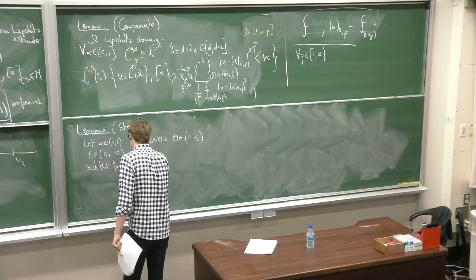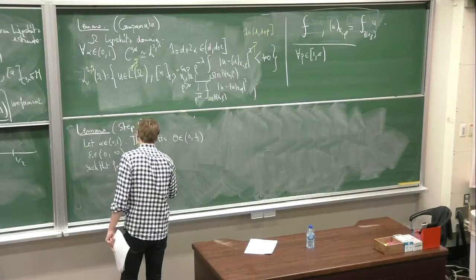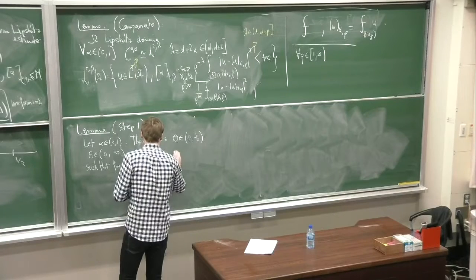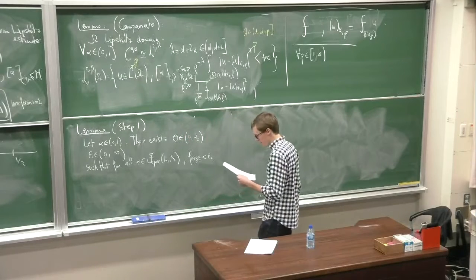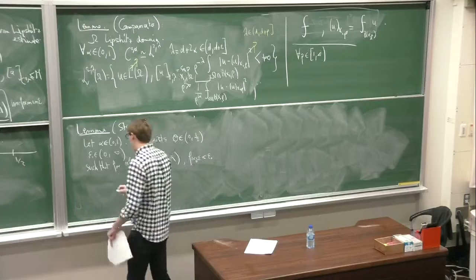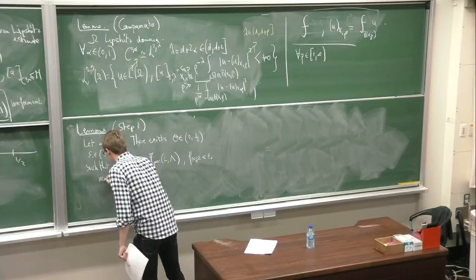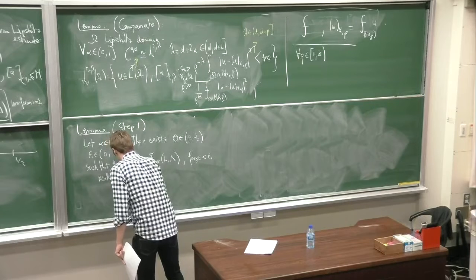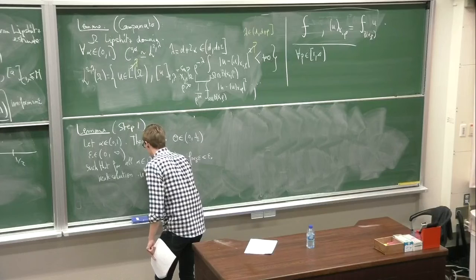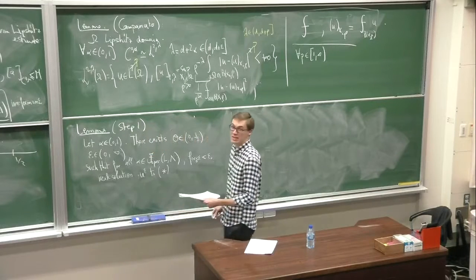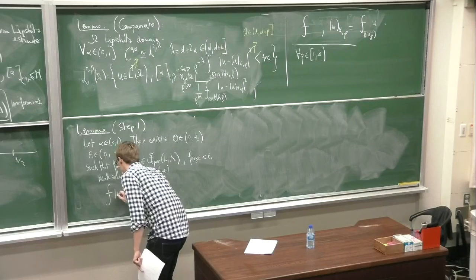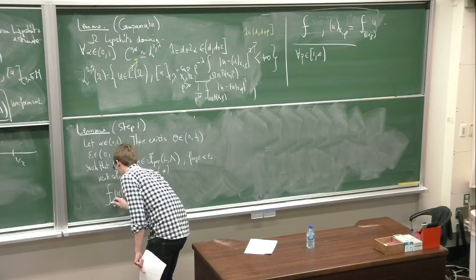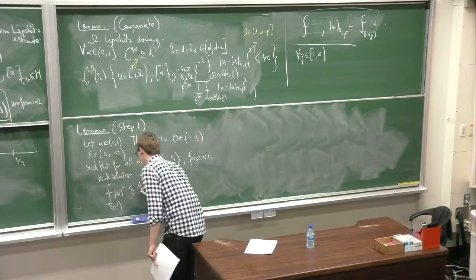for all A in the class A(lambda, L), for all epsilon smaller than epsilon naught, so for all positive epsilon, and for all weak solutions u_epsilon to the star equation, the equation with oscillating coefficients, if the mean of u_epsilon squared on B(0,1) is bounded by 1.